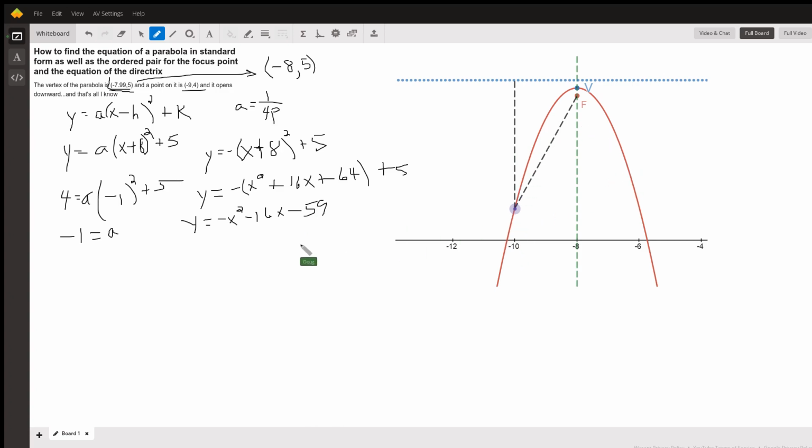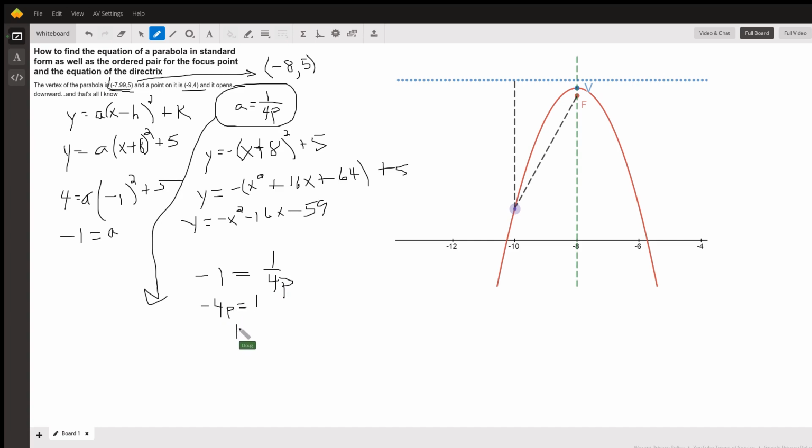The question is now, at this point, how do we find the directrix? How do we find the focus? This is the equation we want to use. So we know that a is -1. So -1 equals 1 over 4p. Let's just say -4p equals 1.